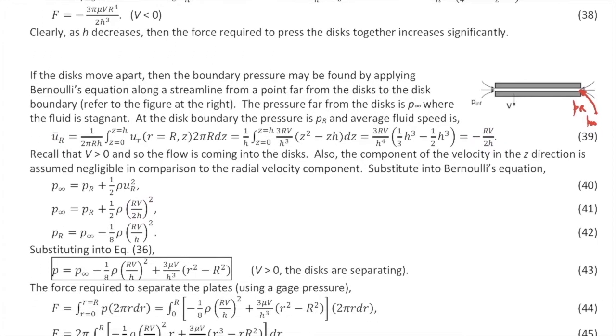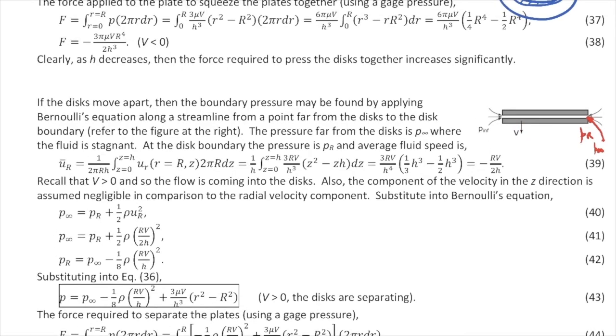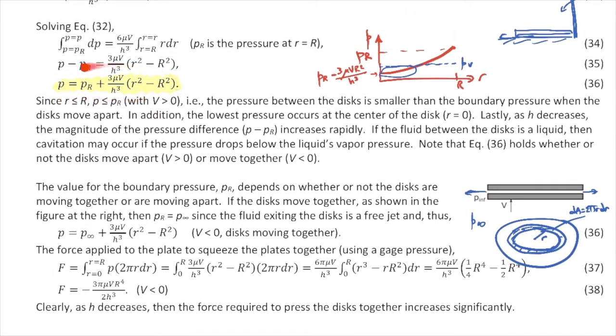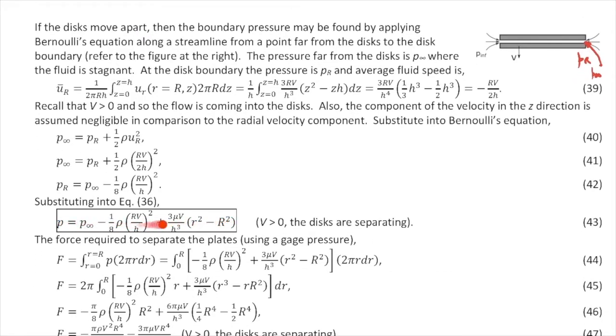You can rearrange that equation to solve for the pressure at the edge of the disc for the case when you're moving the bottom downward. And then I substituted that back in to our expression right up here. And then we're left with this expression for how the pressure varies in the gap between the two discs.